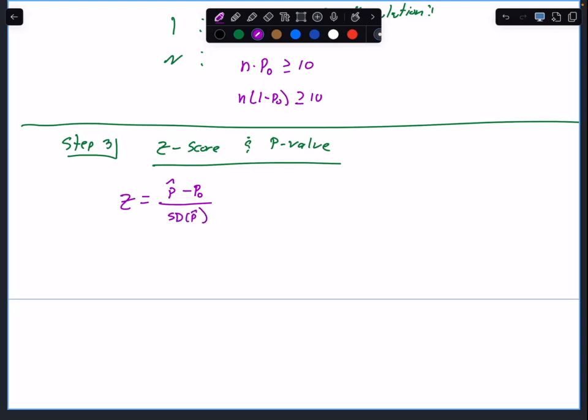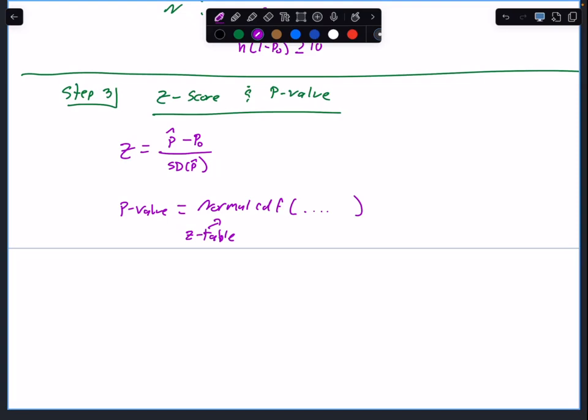Okay? And the p-value is equal to a normal CDF calculation. And I know that's not a lot, or of course we could also use, like we did in the do now, a z-table.